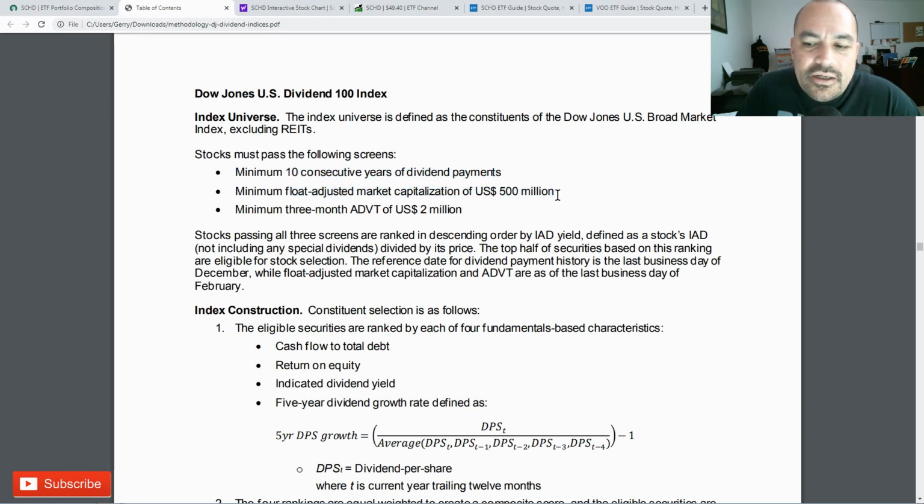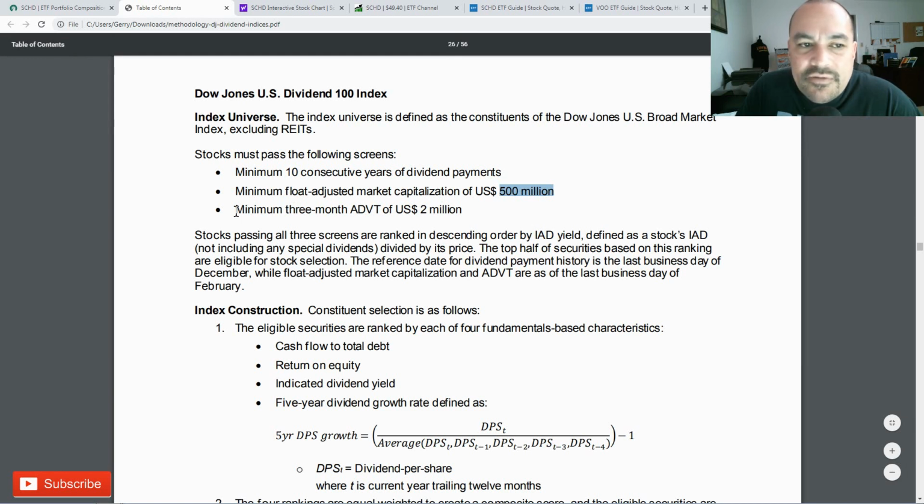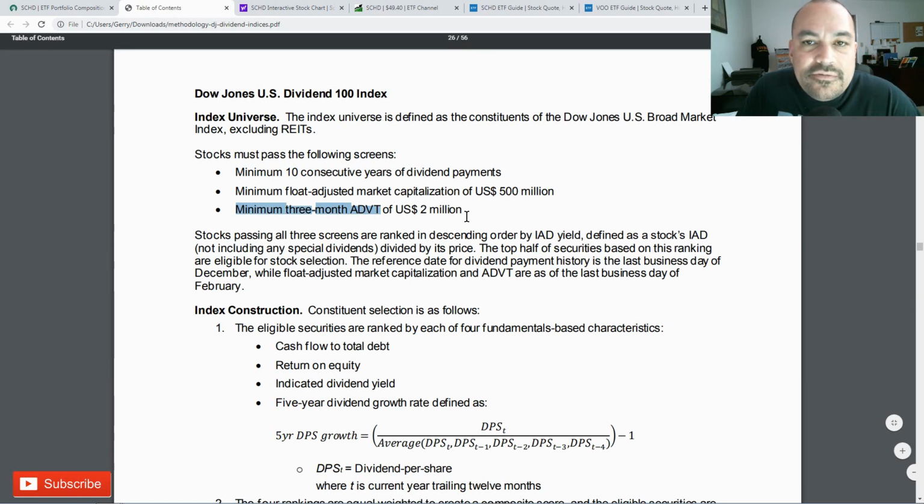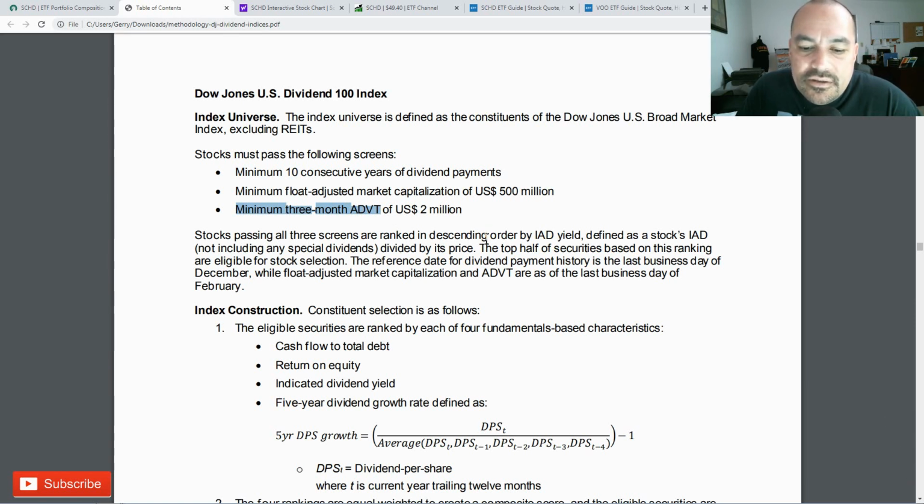So they're not going to get some really micro, there'll be some small cap in there, but with 10 years of consecutive dividend payments, there probably won't be much in the small cap, and we'll review that when we get over to the composition of SCHD. And third is the minimum 3 months average trading volume of $2 million. So there has to be a really active stock to be included.